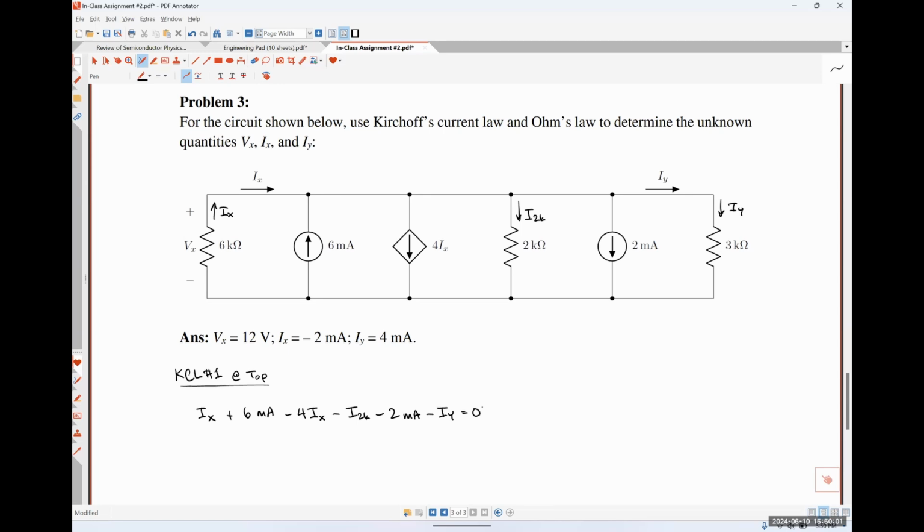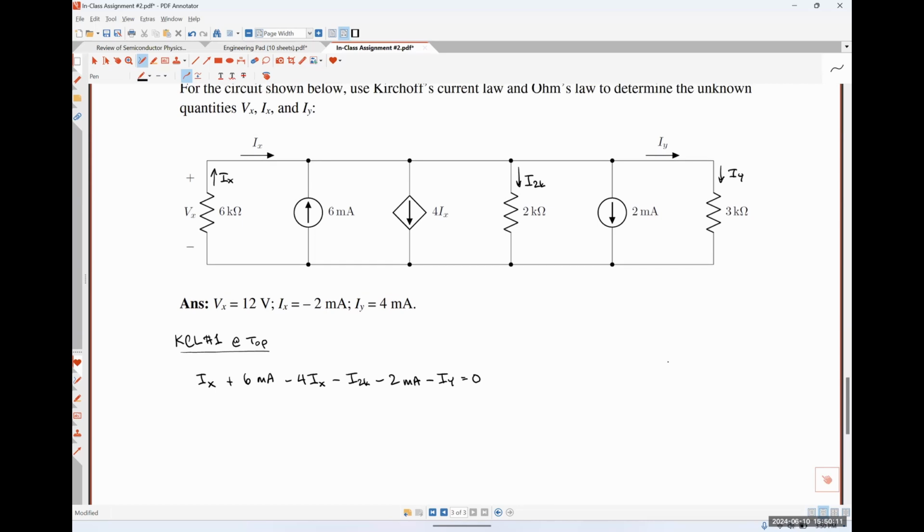Are we all okay with this KCL equation? Yep. All right. So now we're going to apply Ohm's law. All of these elements are connected in parallel.